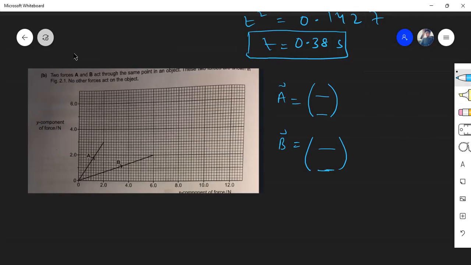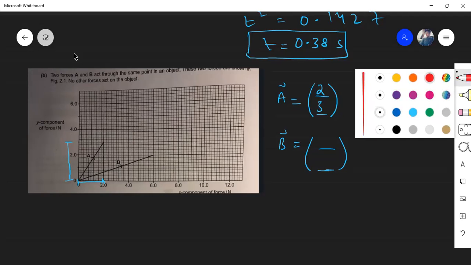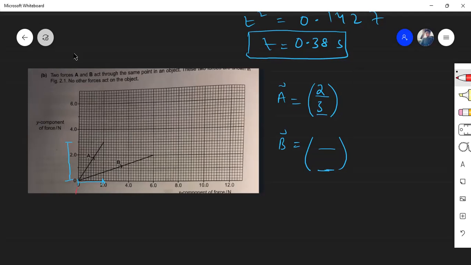So A horizontally is this much, so we'll just write 2, and vertically it's this much, so we'll write 3. Let me do B with another pen. So horizontally B is this much, so we'll write 6, and vertically it's this much, we'll just write 2.